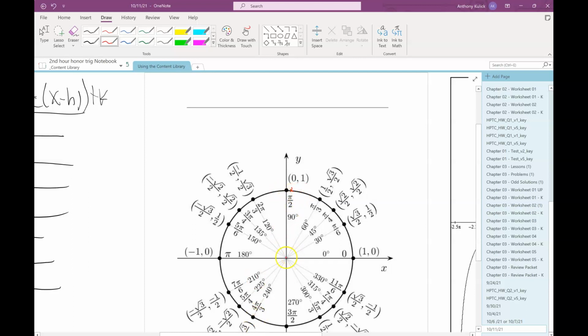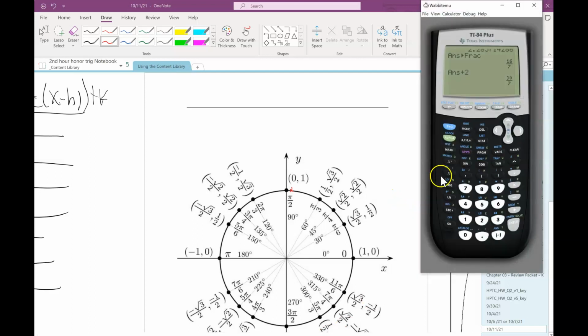So the closer that x-coordinate gets to 0, the bigger the value of that fraction is, right? So if I have 1 divided by 1, that's 1. But if I have 1 divided by 0.5, that's bigger. If I have 1 divided by 0.1, that's bigger yet. If I have 1 divided by 0.001, bigger yet.